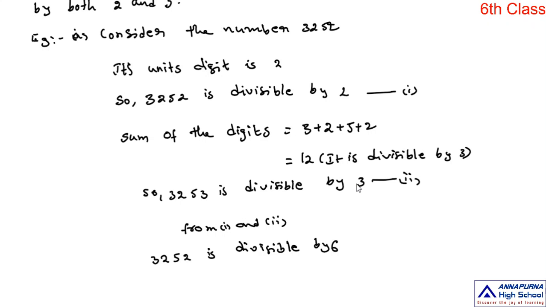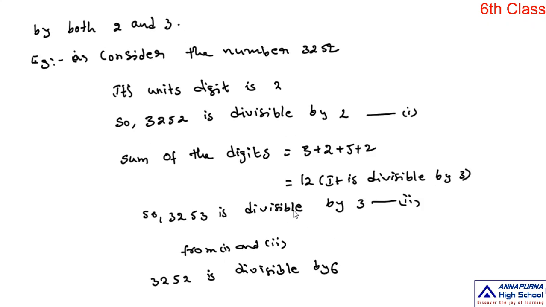3252 is divisible by 3. Here we check divisibility by 2 and 3. Those two divisibility tests hold. That is, rule 1, the divisibility rule by 2, and rule 2, the divisibility rule by 3, both hold. The given number is divisible by 6.